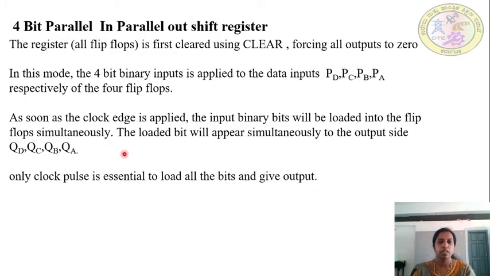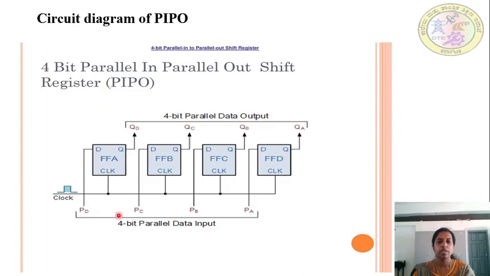We will see what a 4-bit parallel in, parallel out shift register is. In the register, all the flip-flops are first cleared using clear, forcing all the outputs to 0. In this mode, the 4-bit binary input is applied to PD, PC, PB, PA respectively of the 4 flip-flops, simultaneously.